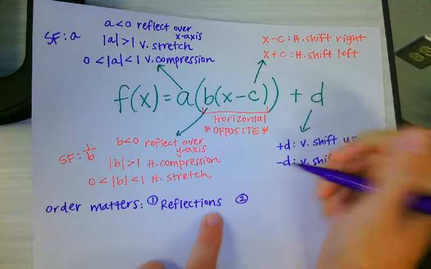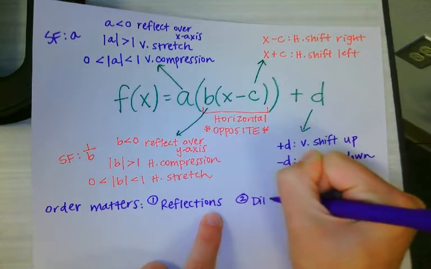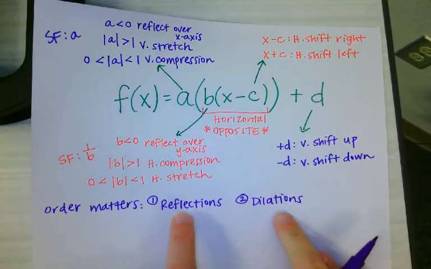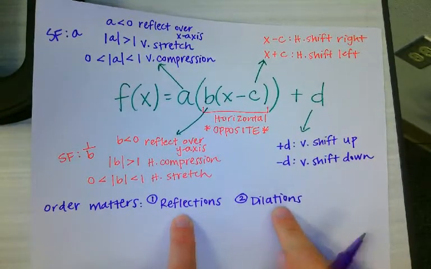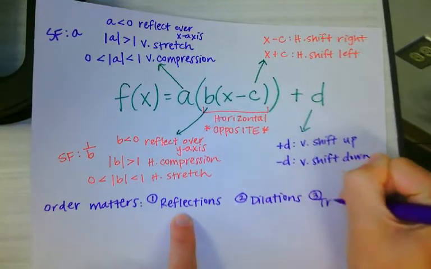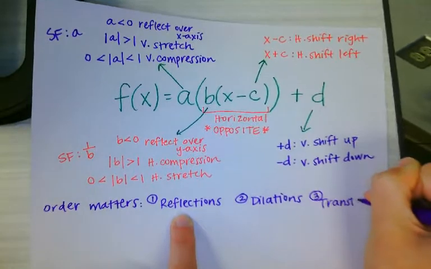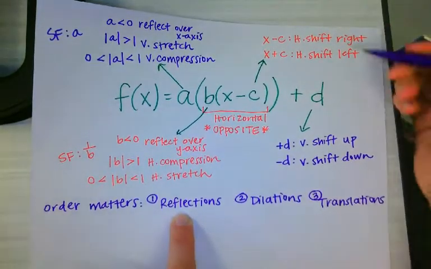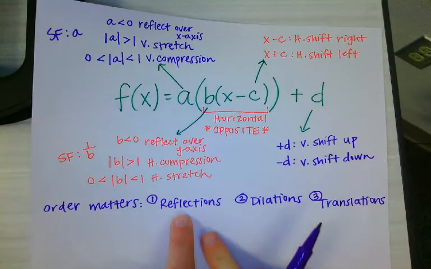The second one are all of our dilations, the stretching and compressing. So kind of think of order of operations. All of the multiplication comes first, and then the final thing that would happen would be all of our translations, our adding and subtracting that shifts the graph.